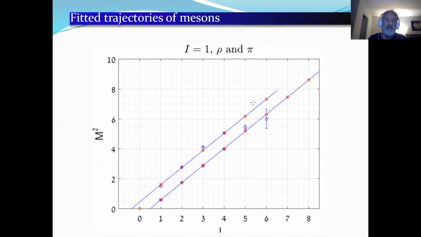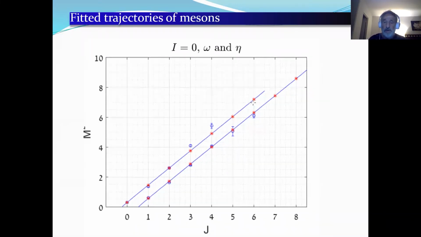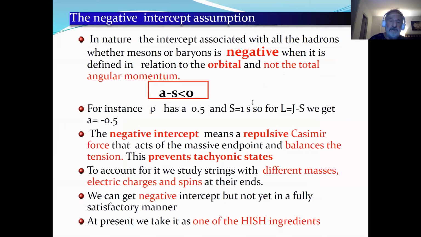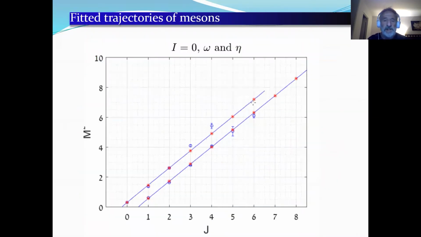They look like really the original Regge trajectories, but in fact they are not exactly, because we use this massive endpoint, which, as I told you, implies that there are masses of 60 MeV. And the point is that with these masses, we get a better fit than just the linear trajectories. It's not very obvious in the hadrons that are built from light quarks.